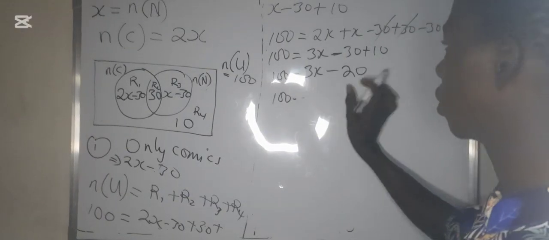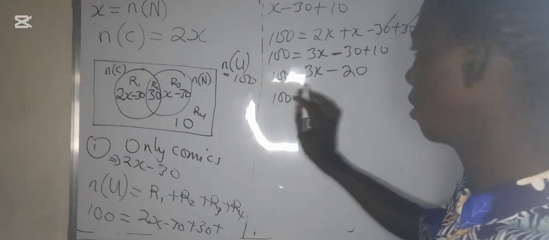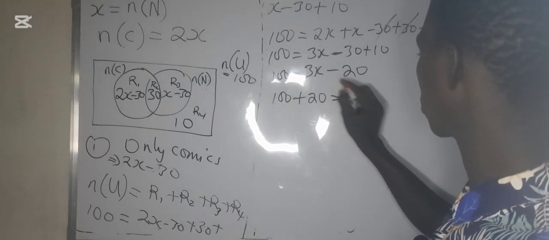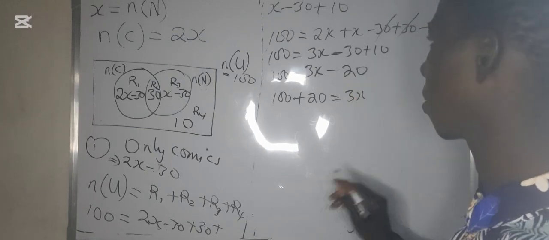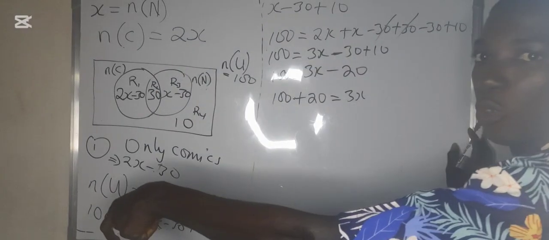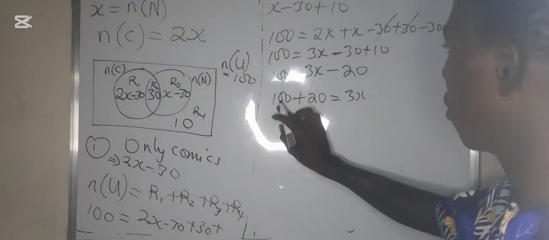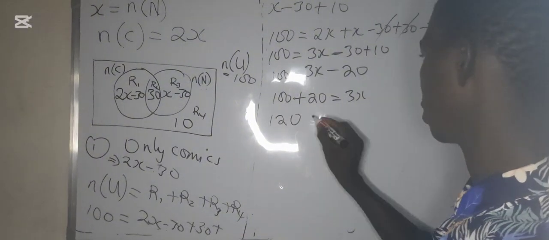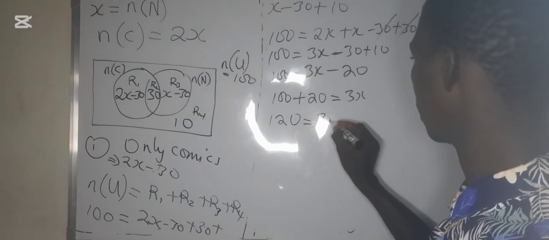We now transpose this negative 20 to the other side. It becomes plus 20. So 100 plus 20 gives us 120 is equal to 3x.